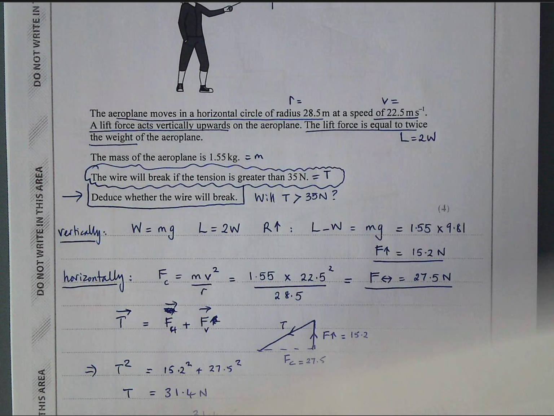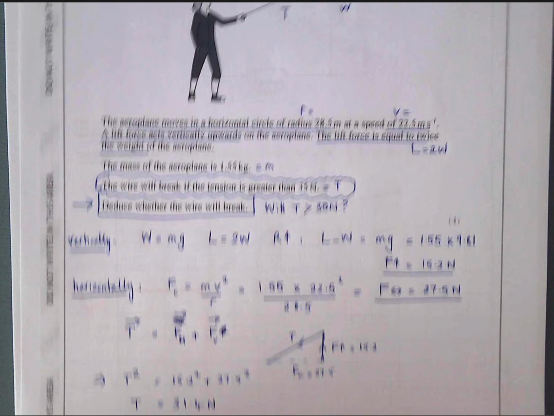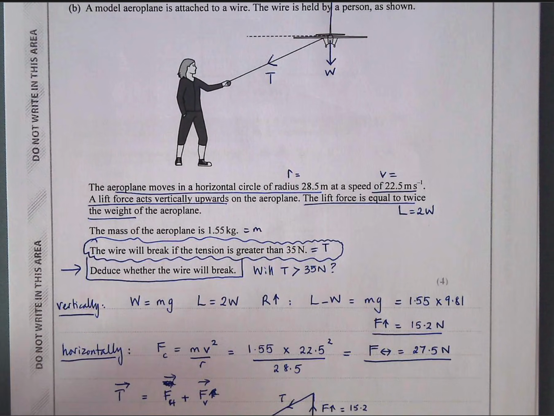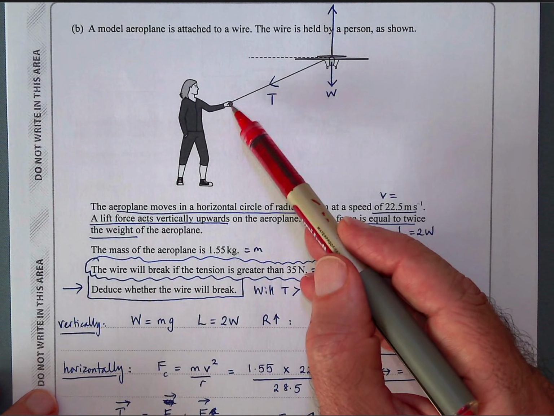The first part. The second part is the continuation of this. 17 part B is now looking at the forces involved in circular motion. So it's showing you the same model aeroplane or another model aeroplane attached to a wire that the girl is holding.